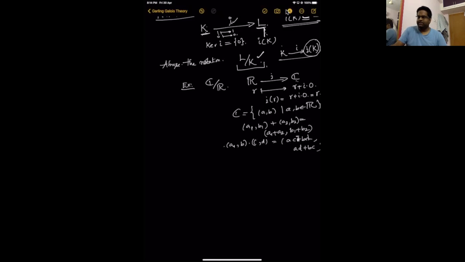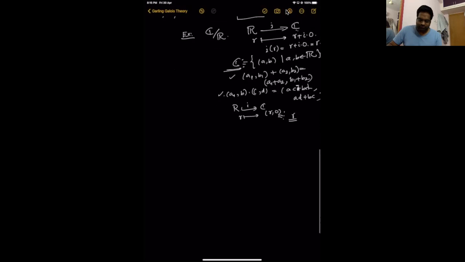So this is the multiplication. With this addition and multiplication, we can easily check that this set is a field called the field of complex numbers, and R sits inside C as (r, 0). But instead of distinguishing it this way, we simply denote it by R. So this is abuse of notation, but a convenient one.